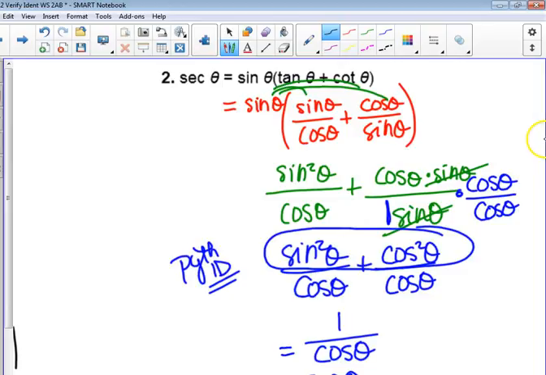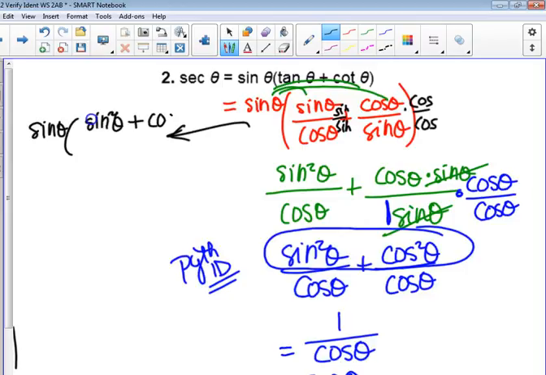If we had done the common denominator first up here before we distributed, you would have had to multiply this guy by sine over sine, and this guy by cosine over cosine. Then you would have had sine squared plus cosine squared all over cosine times sine. So this becomes a 1.